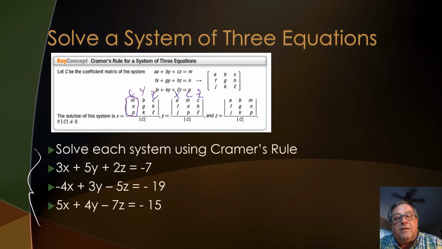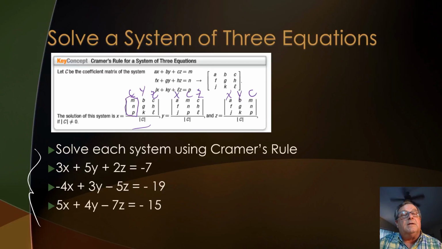This would be like -7, -19, -15. And then when we do the z, look, we got the x coefficients, we got the y coefficients, and then we got the constants. And then, of course, in our c, that's just simply the coefficients of the x, y, and z variables in each of those rows.